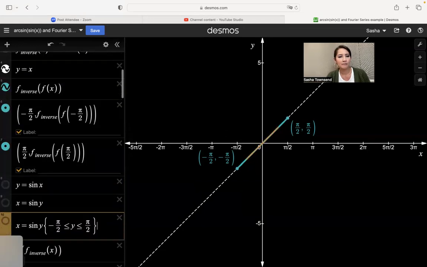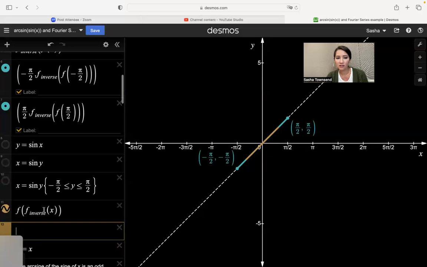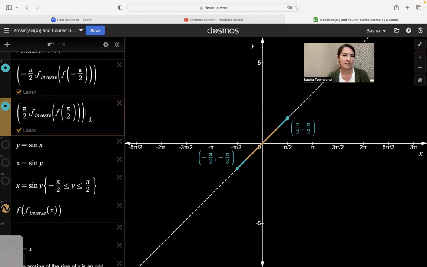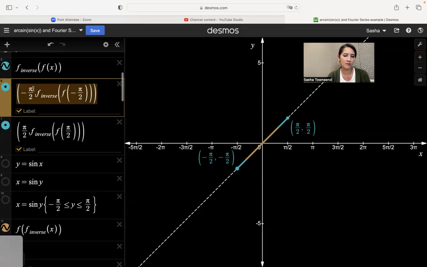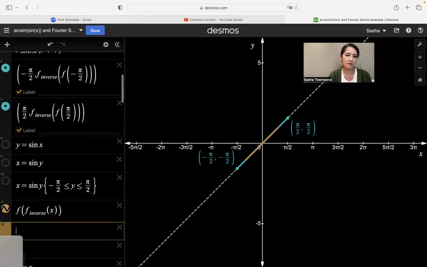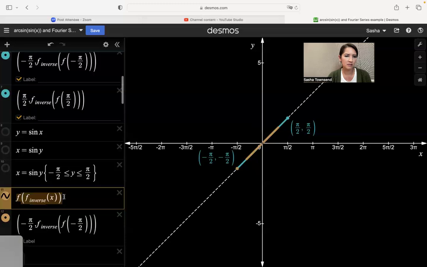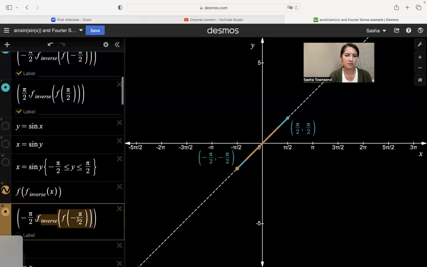But if you just look at this f inverse function, f inverse is well defined on that interval from -1 to 1. So when I take that function that's defined on the interval from -1 to 1, and then I apply the original function f to that, we do get x back, but only for those x values for which f inverse is defined. So we would see something like this, but with the points reversed, or with the functions reversed.